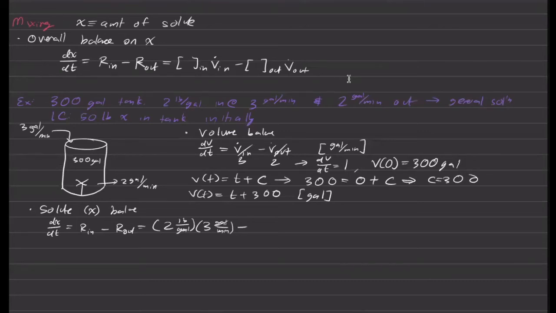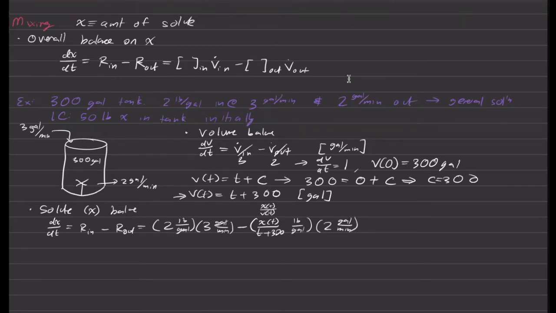And then for the concentration out, I want x of t, x at a certain time t, over my volume at a certain time t. I don't know what x of t is, so I'll leave that there. That's what we're trying to figure out. And my volume is given by this expression that we just determined, t plus 300, and this will be pounds per gallon. And my flow rate out is 2 gallons per minute.